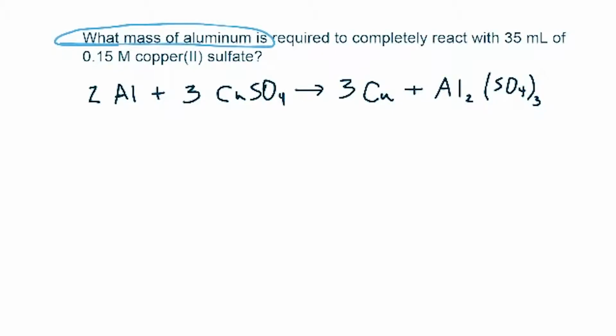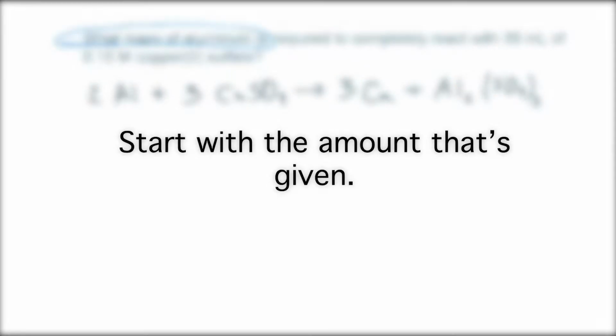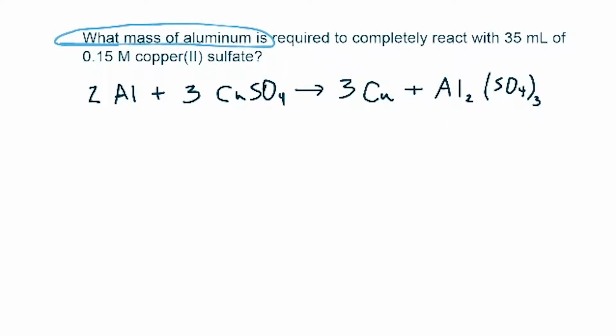Of course, we solve stoichiometry problems just like any other conversion problem. So mass of aluminum is an amount, so we're going to start with the amount that's given. Remember, even though it looks like one unit, the big M for molarity stands for moles per liter. I usually tell students when they see the big M to go ahead and cross it out and write in moles per liter.